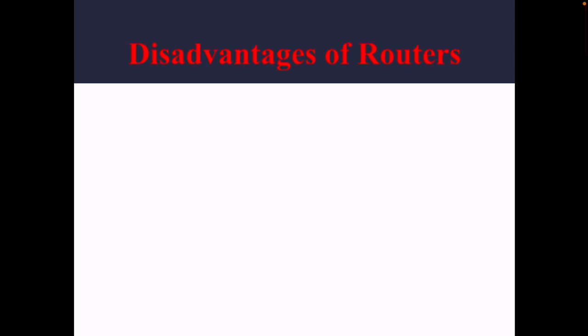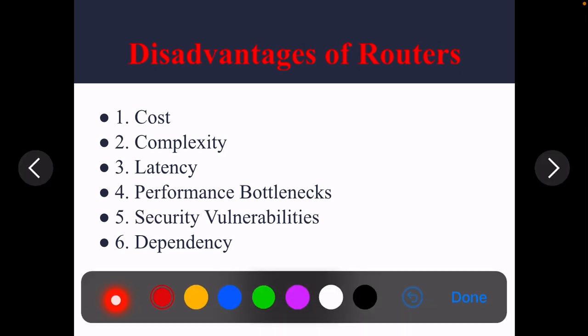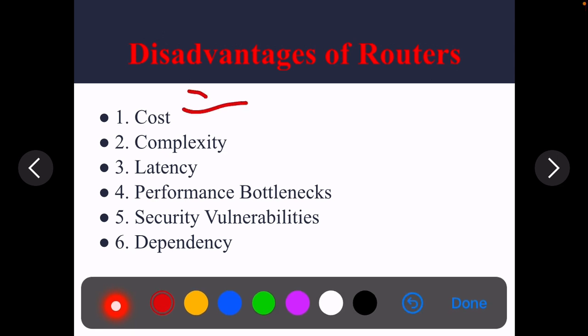Okay, next is disadvantages of router. First is cost. In cost, initial investment and maintenance are there. High quality routers, especially enterprise grade models, can be expensive, requiring a significant initial investment.